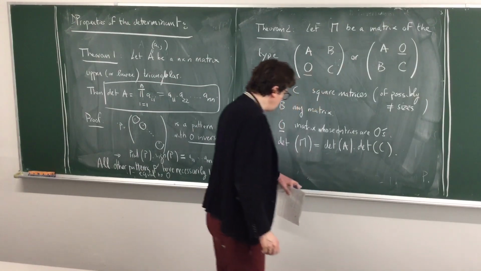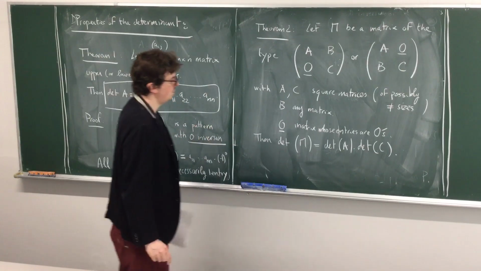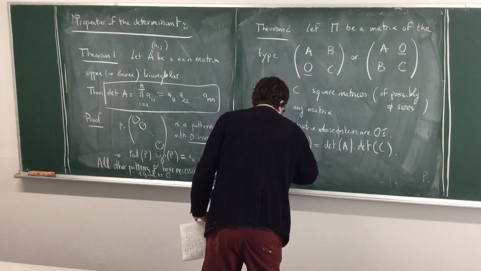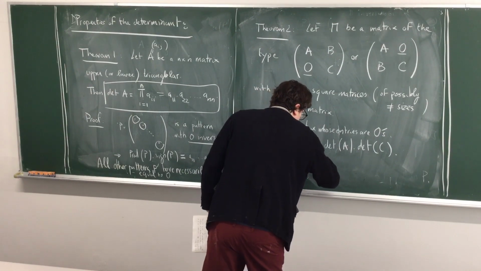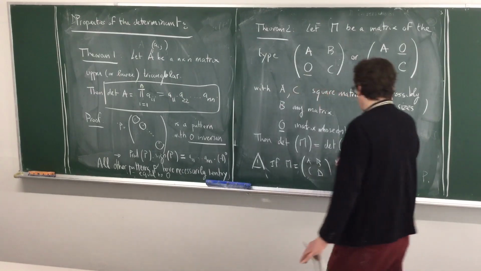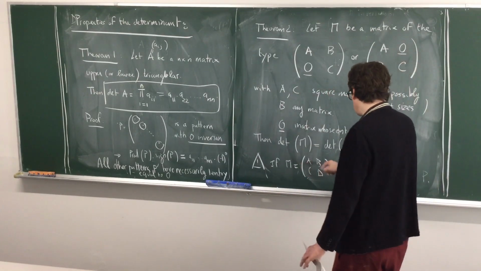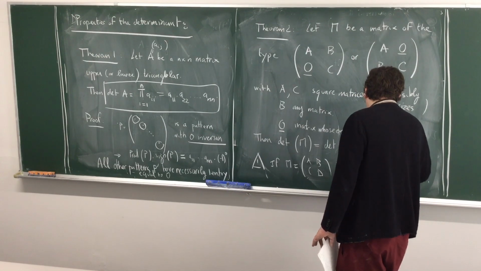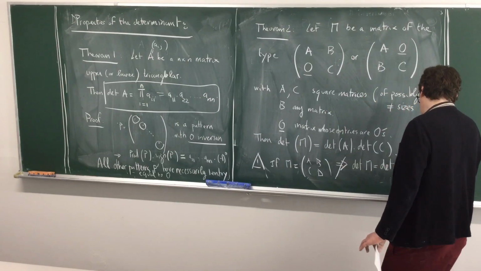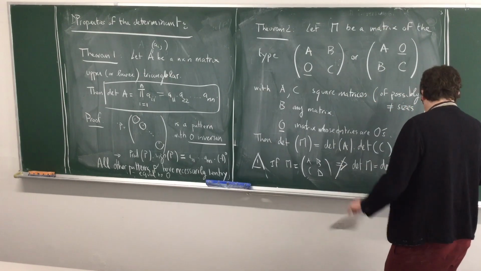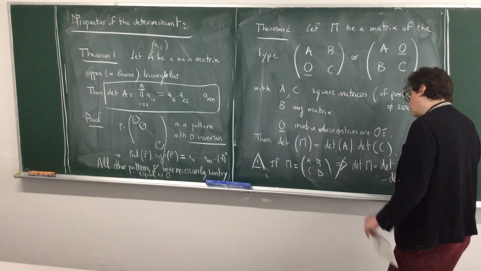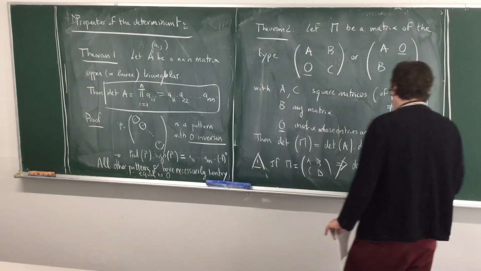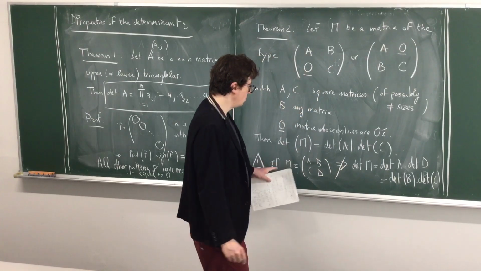Okay, so this is a kind of generalization of the previous concept, but be careful. If M can be written as A, B, C, D, but not necessarily with a 0 block and with square matrices, then it does not imply that the determinant of M will be the determinant of A times the determinant of D minus that of B times the determinant of C. This is not true, okay?